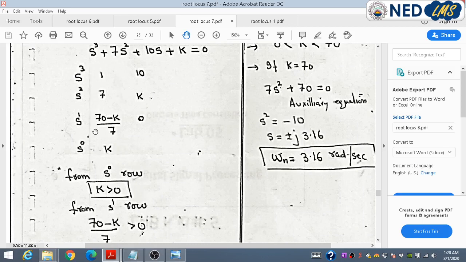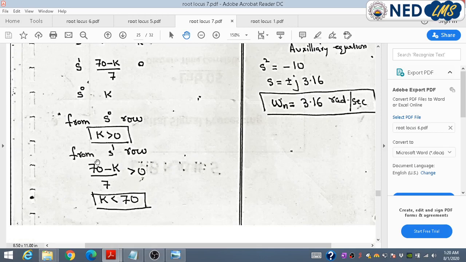If we have all positive values in the first column, it means we have no sign change, which means we have no root in the right side of the s plane, because the number of sign changes suggests the number of roots in the right side of the s plane. So by solving this term, the value of K comes out to be less than 70.